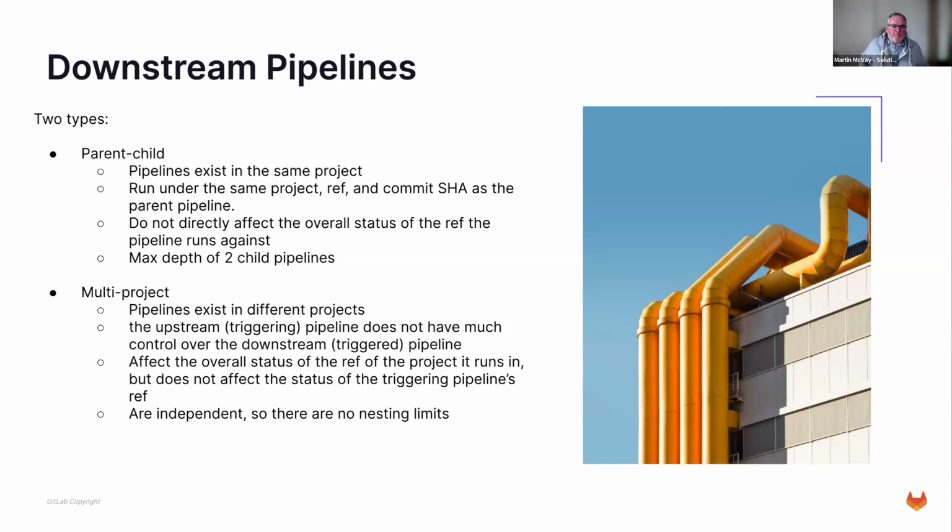The result of the pipeline in the multi-project, i.e. the pipeline that is being called, is only really local to that project itself. Because it doesn't know about the calling parent project, it can't pass anything useful back to it. So they're independent. However, there are no real nesting limits on these things.